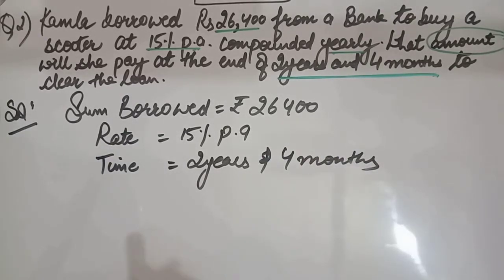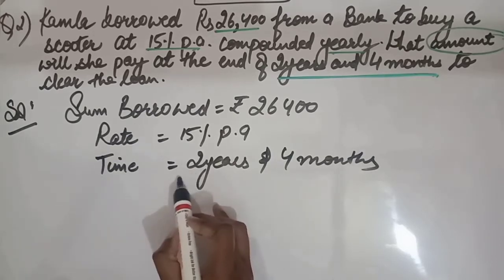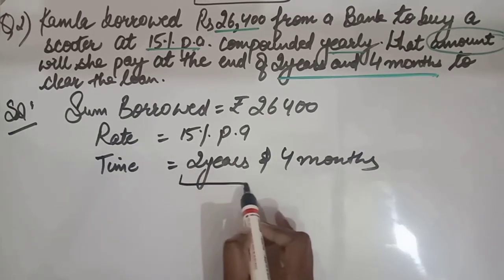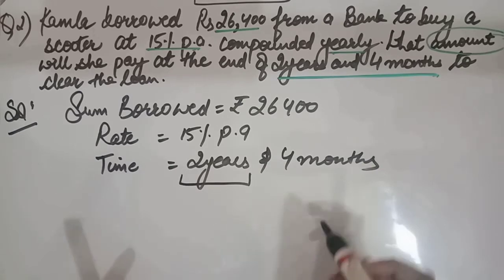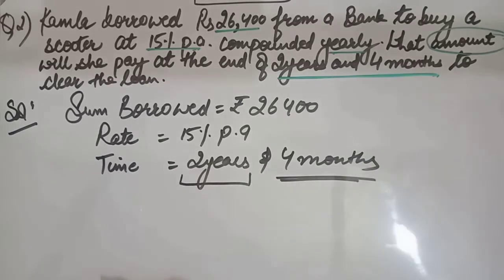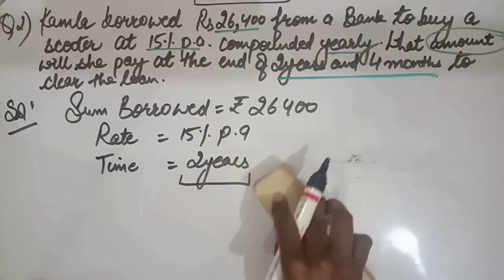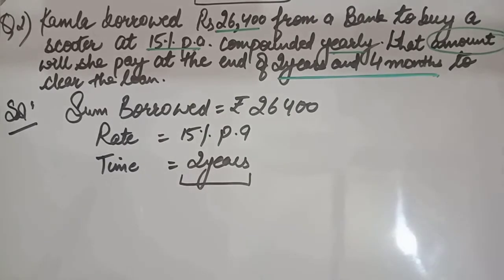Here we will divide this question in 2 parts. First of all, we will calculate the amount for 2 years. Right? After calculating this amount, we will calculate simple interest on that amount for 4 months. Okay. Now let us start. We'll take time here as 2 years.